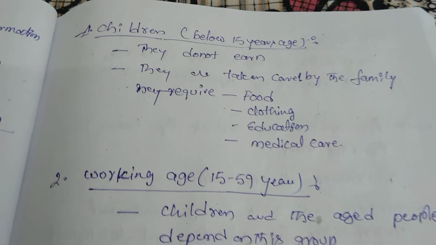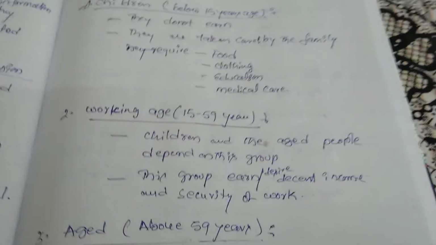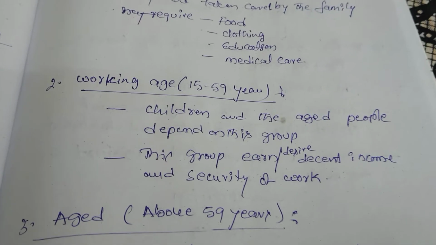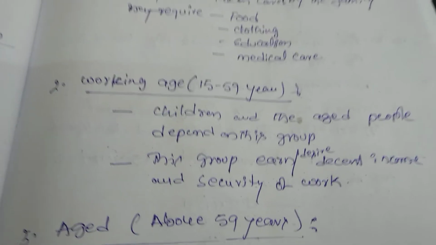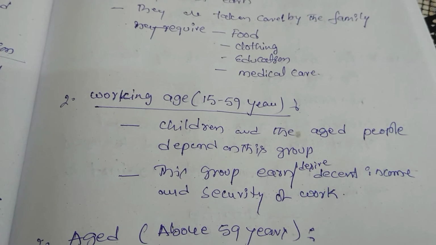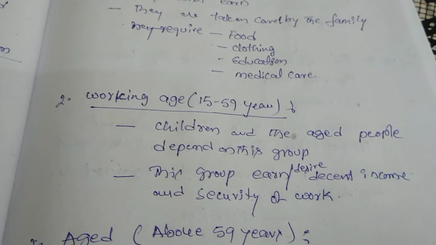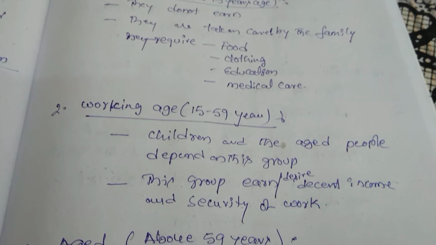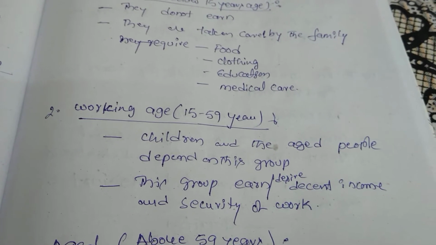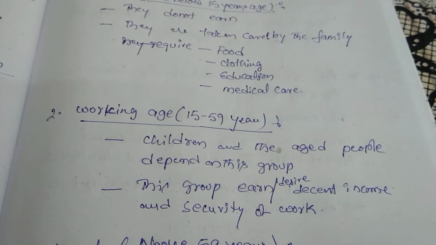Okay, next, working age, 15 to 59 years. These are considered working people. After 15 years, we don't consider them child labor.